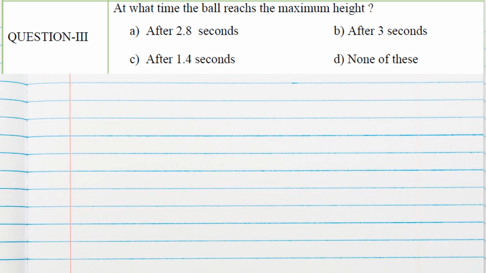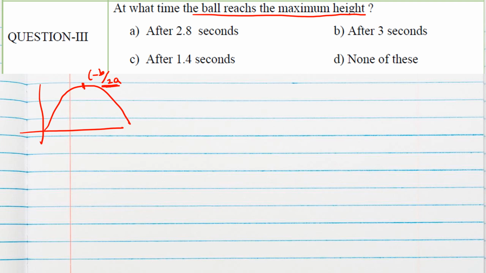Next question is: at what time does the ball reach the maximum height? See, in the question itself it is given that the maximum height of the ball is at the vertex and the x coordinate of the vertex is given by minus b by 2a. Okay, so what is the x coordinate? The x coordinate represents time, isn't it? So if we substitute, we have 5t square minus 14t minus 3 equal to 0.